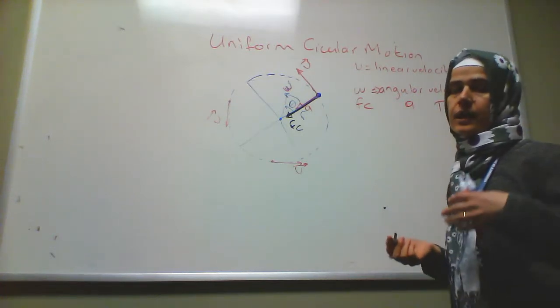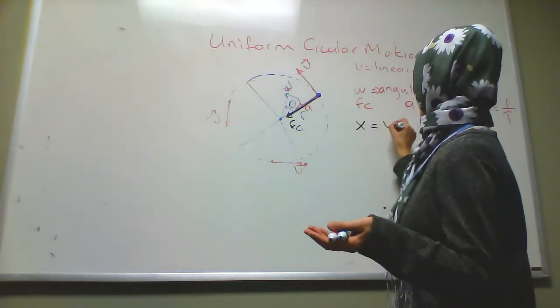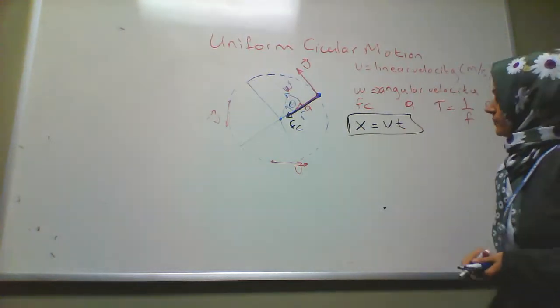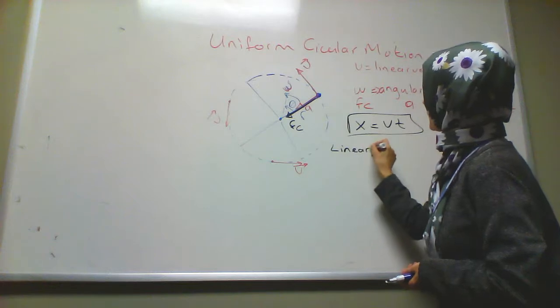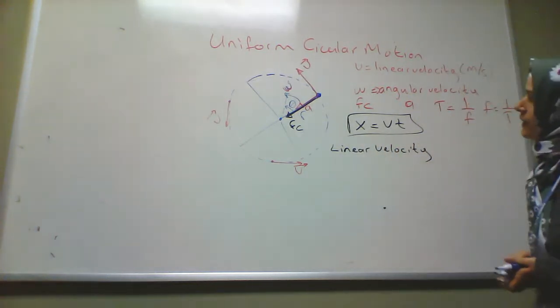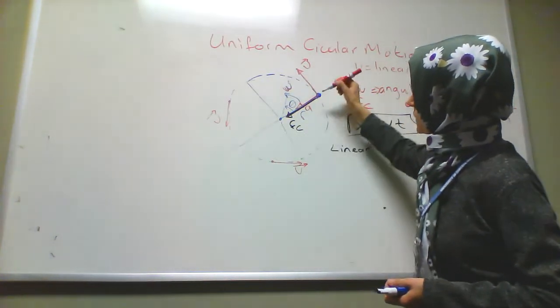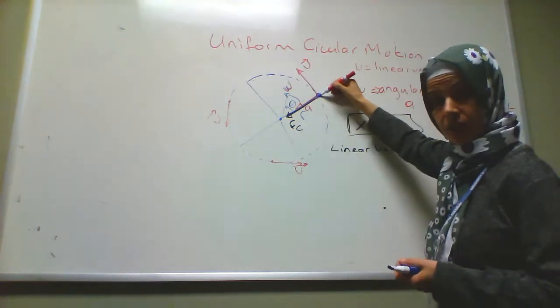Now we have constant velocity. For constant velocity, from kinematics, we had a very simple equation as x is equal to v times t. This is applicable here too. For linear velocity, let's look at linear velocity first. If we look at one full rotation, the object starts here, let's say in this position, rotates once, comes back in here.